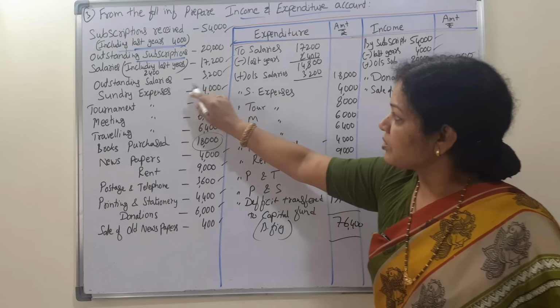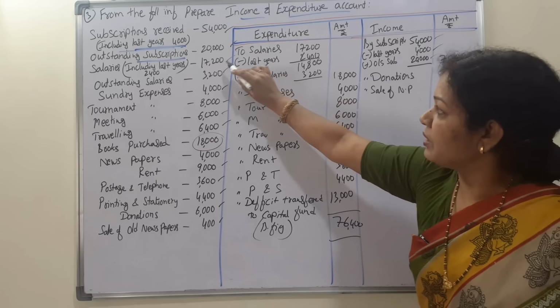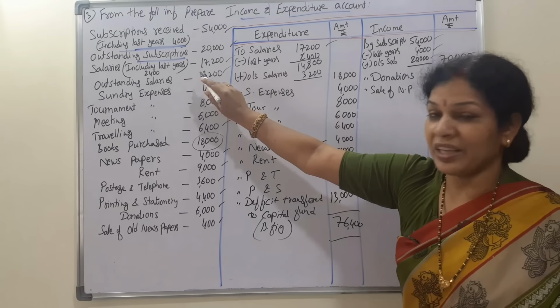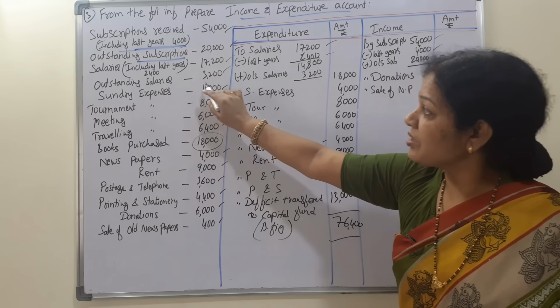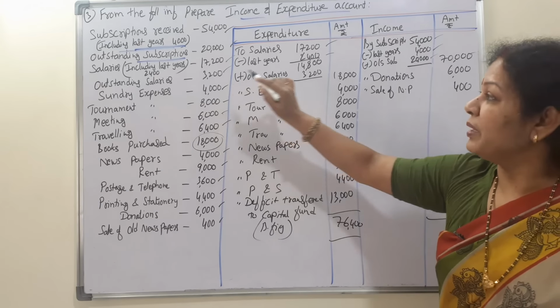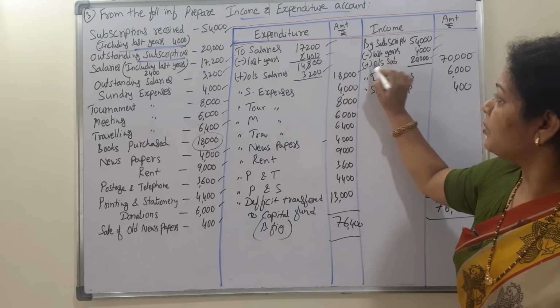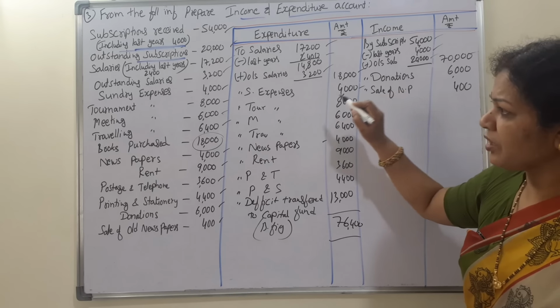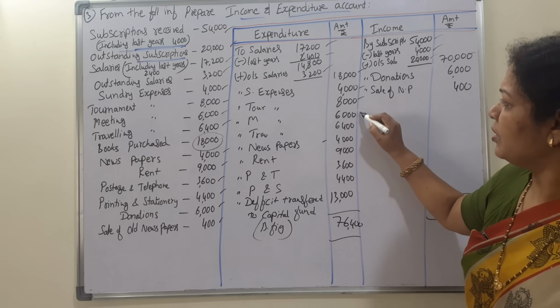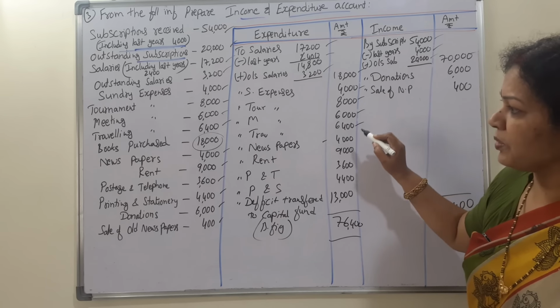After that, outstanding salaries are 17,200 including last year. Last year we don't want, so deducted. And outstanding payable 3,200 added, so 18,000. Sundry expenses, tournament expenses, meeting expenses, traveling expenses.